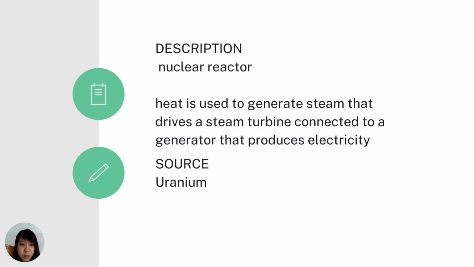So in conclusion of this part, we will understand that from uranium reaction, they will create the heat. The heat will transform into the process. So it will produce electricity.